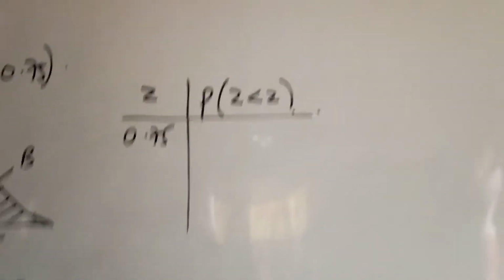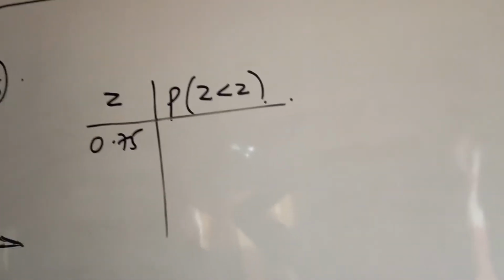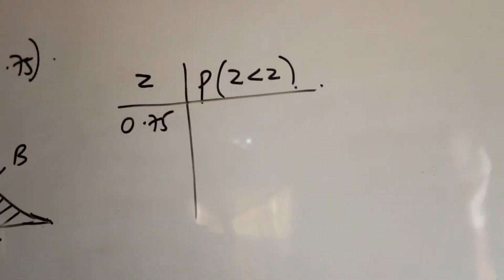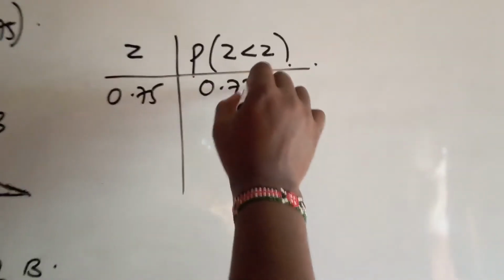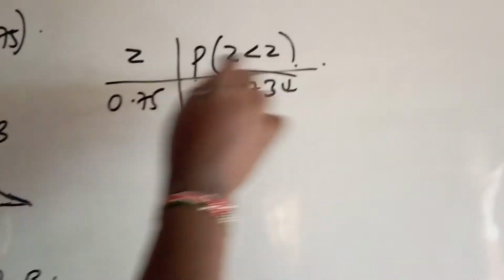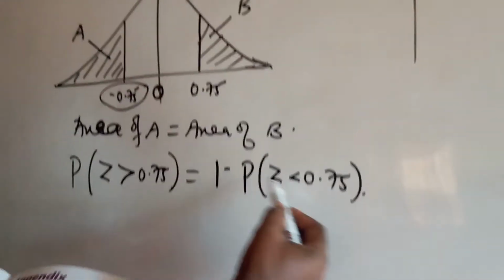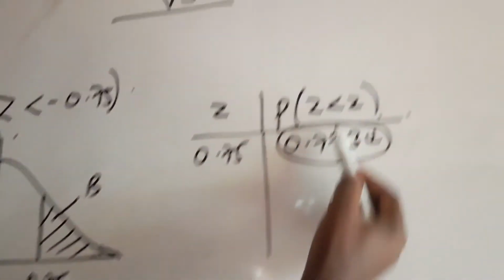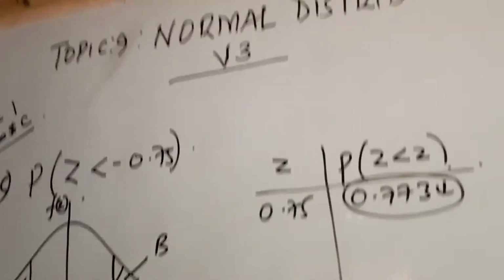It is in column 2, somewhere in the middle, and the area 0.7734. So this is what we are interested in, because this is the area. This probability entirely gives us the area we are interested in.